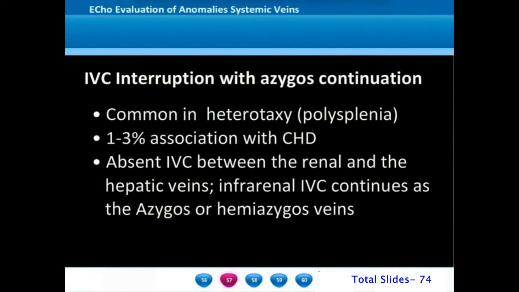Absence of inferior vena cava between the level of renal veins and hepatic veins results in this IVC interruption. So the hepatic veins directly drain into the right atrium, and the infrarenal IVC continues as the azygous into the superior vena cava.